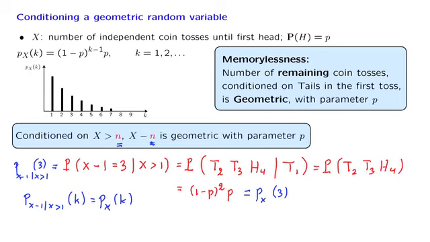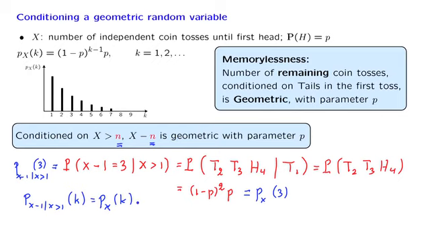In fact, we can generalize and argue as follows. Suppose that I tell you that x is strictly larger than n. That is, the first n tosses resulted in tails. Once more, these past tosses were wasted but have no effect on the future, so the conditional PMF of the remaining number of tosses should be again the same.